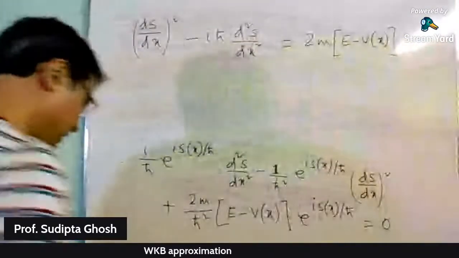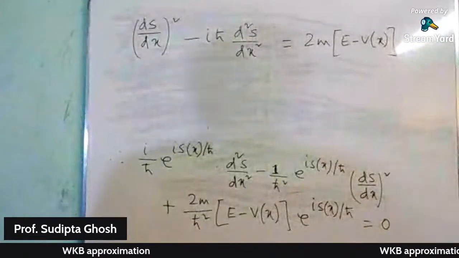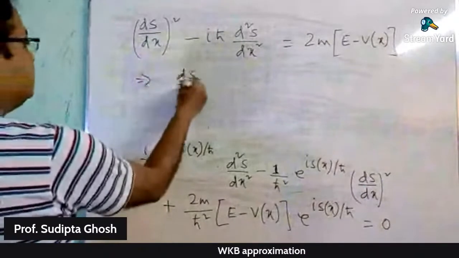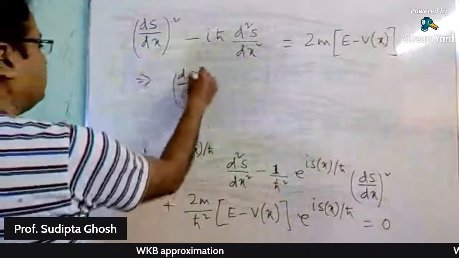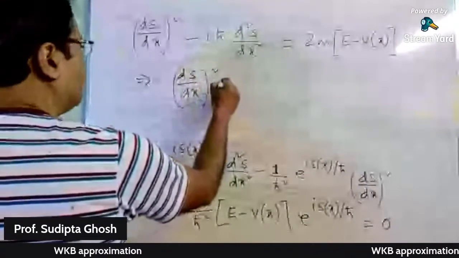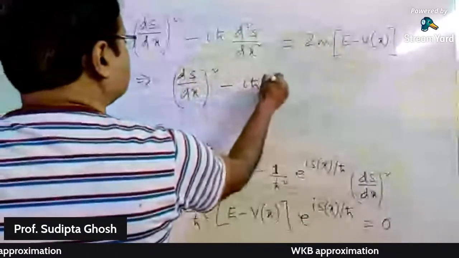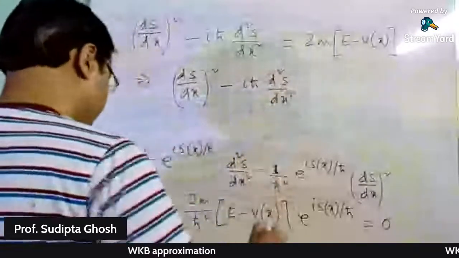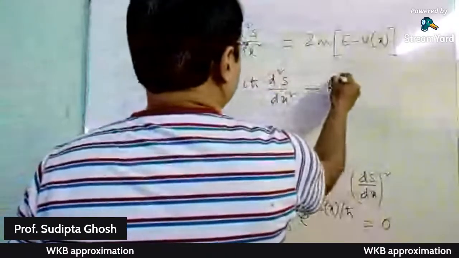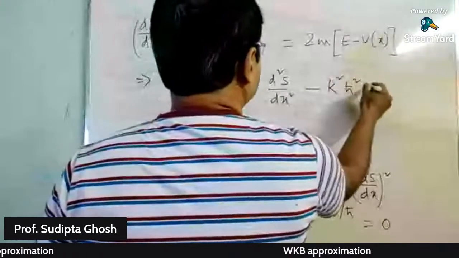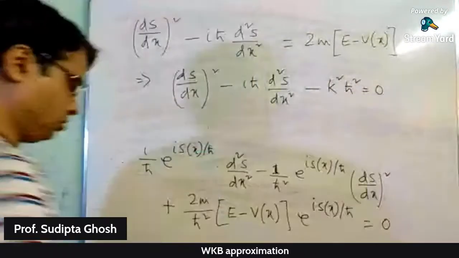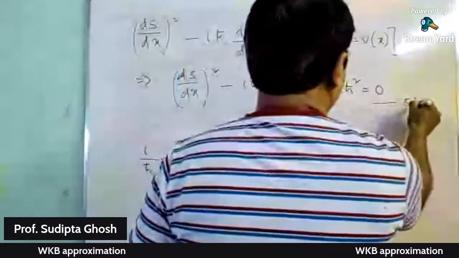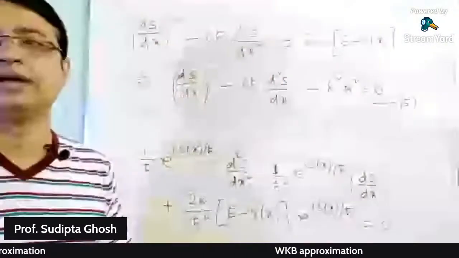So we can write it as ds dx whole square minus i h cut d2s dx2, and then it can be written as minus k square h cut square equals 0, and let it be equation 5.